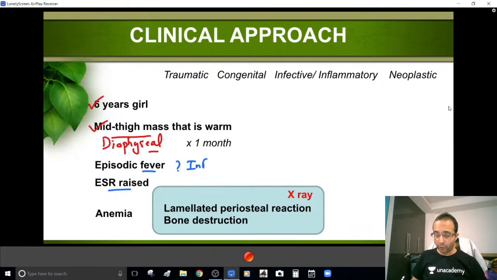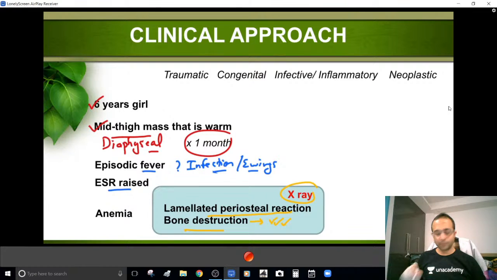So something that is pointing towards infection, and even if it's a tumor, it has to be something that mimics infection, like Ewing's. And then the X-ray picture. You have a lamellated periosteal reaction plus bone destruction. So destruction itself means the lesion is aggressive. Okay. Now the history just spans over 1 month in the whole scenario.